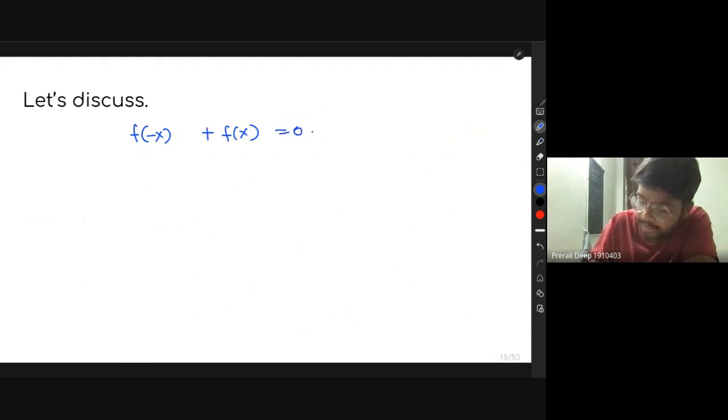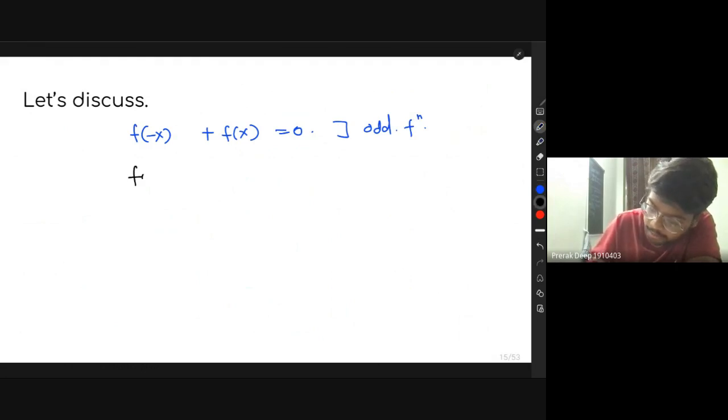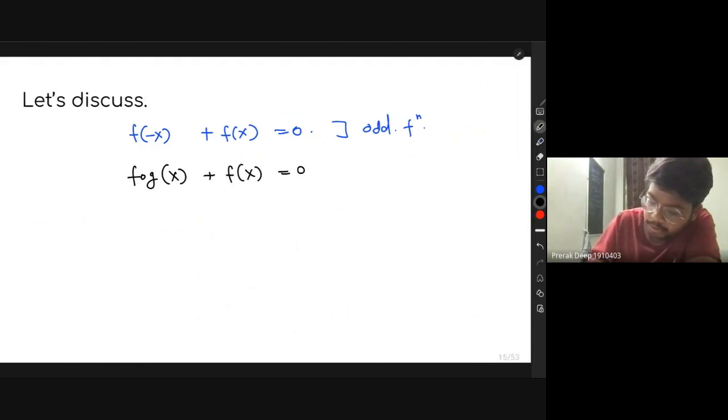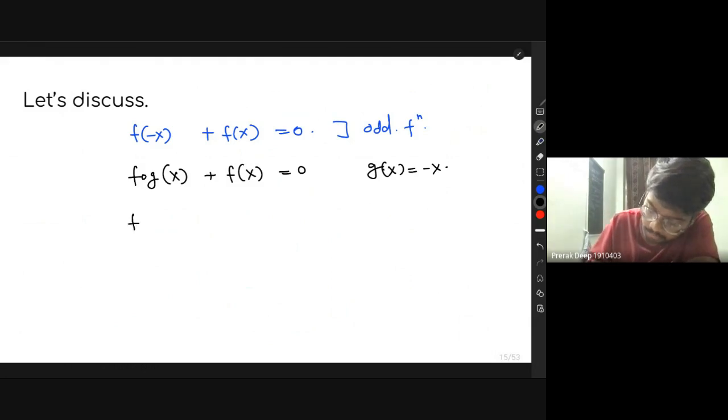I can think of it as this equation, which is also equivalent to the odd function definition. Now I again define the function g, where g of x is minus x. Now we perform the differentiation, so we take the differentiation of this whole thing.